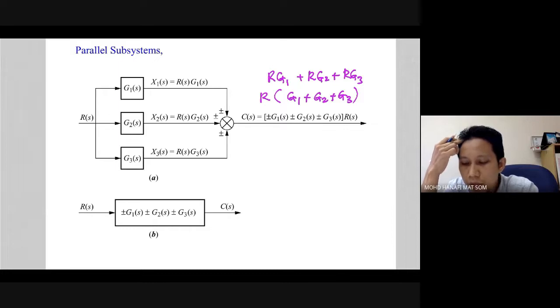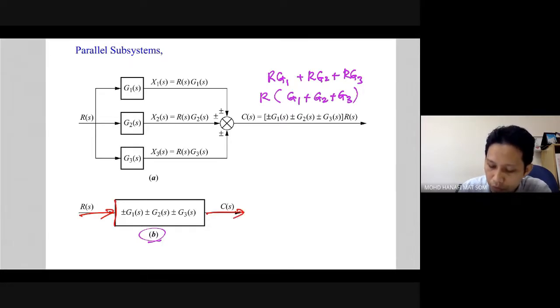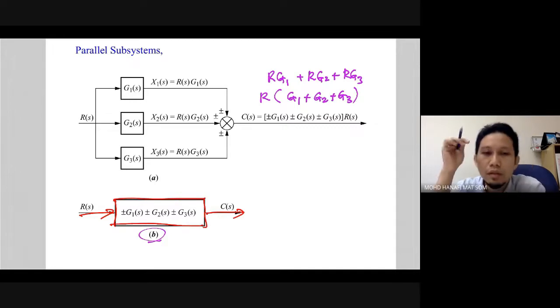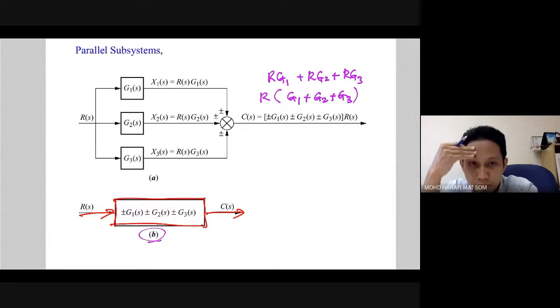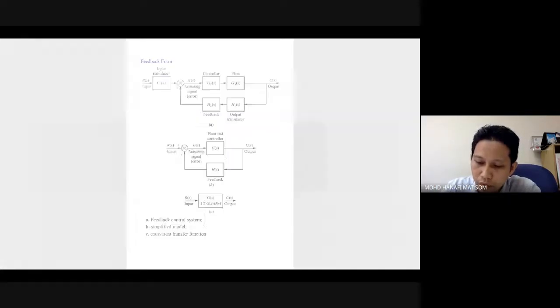You can represent the simplified block diagram in figure B here. So you have input R(s), output C(s), and the simplified subsystem of G1 plus G2 plus G3.